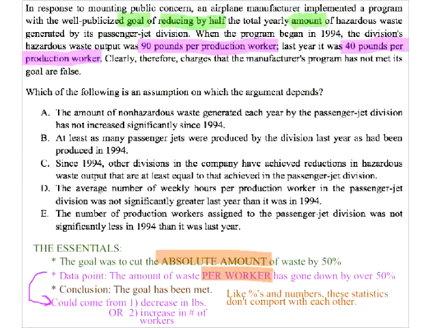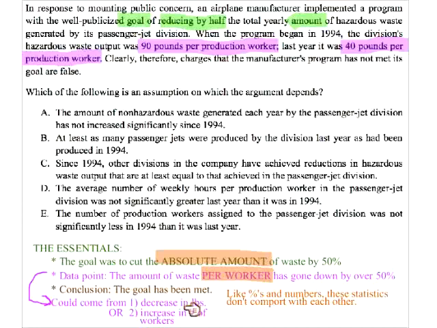Or in a worst case scenario, you could even have more waste, but you would have so many more employees that the per worker quantity would go down. So it's a lot like dealing with a percentage versus dealing with a number. When two quantities are in fact different, you want to realize that they're actually different.